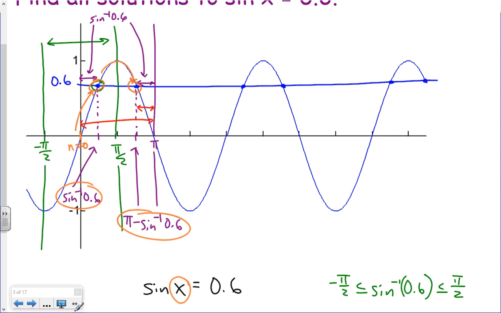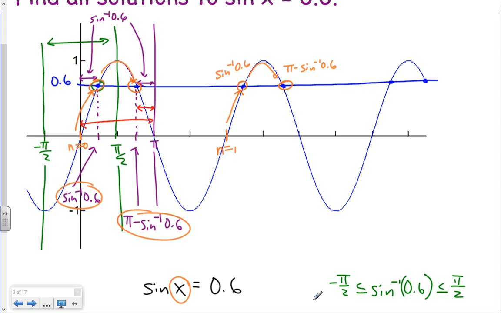If I continue with that, here would be where n is equal to 1. If I go to the right, this is going to be the sine inverse of 0.6 solution. And if I continue moving to the right, this next solution I hit is the pi minus sine inverse of 0.6 solution for n equal 1.